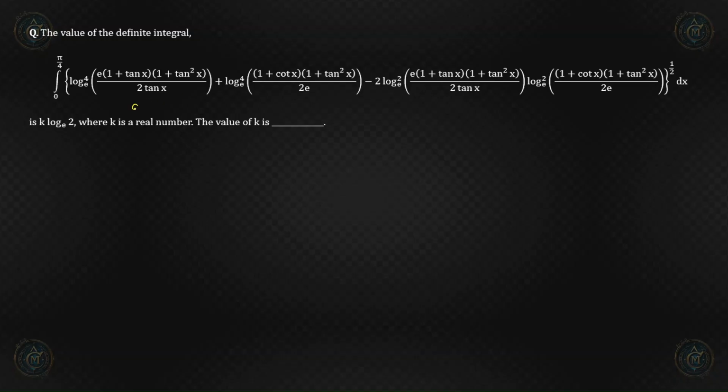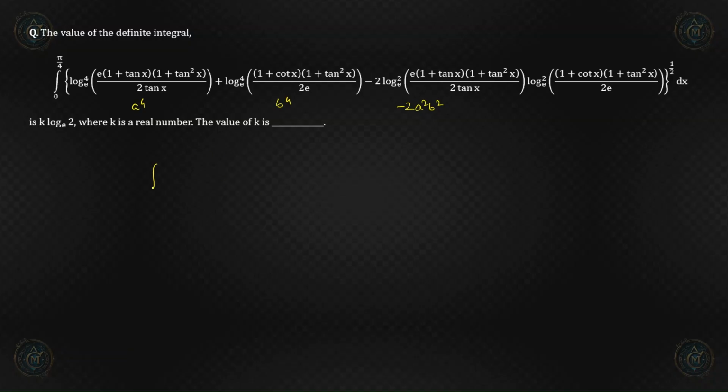So if we call this a to the power 4 and this b to the power 4, this term is minus 2 a square b square. So we can simplify this as a square minus b square whole square, because a square minus b square whole square is a to the power 4 plus b to the power 4 minus 2 a square b square.